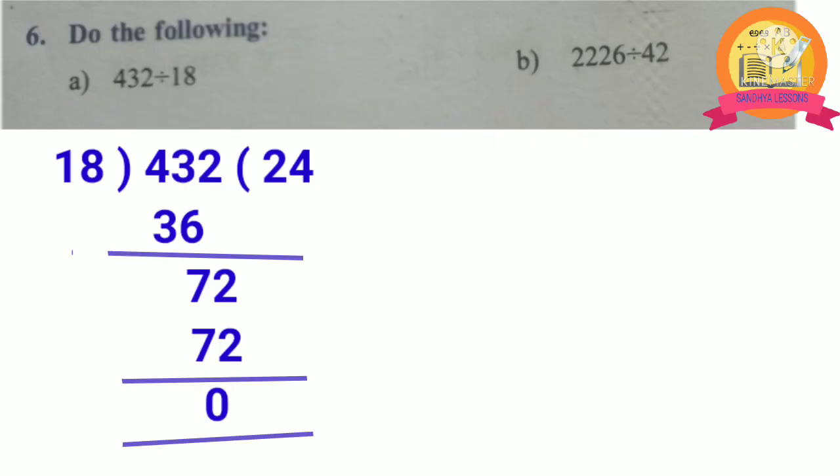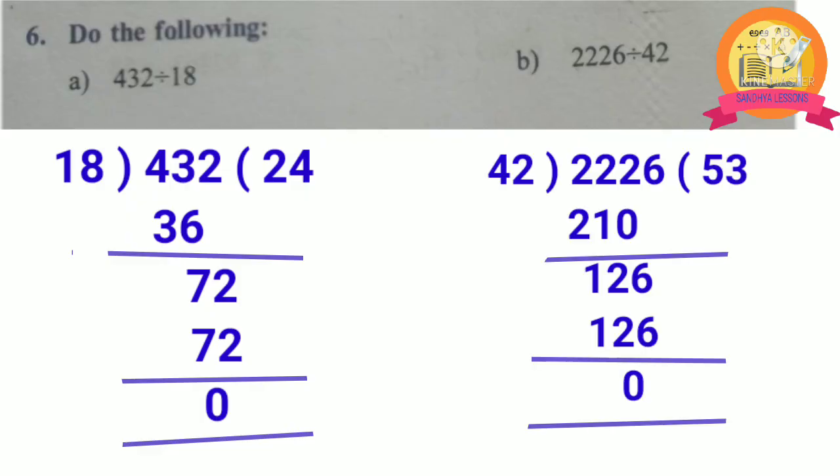After dividing 432 by 18, we get 24 as quotient and 0 as remainder. Second problem, 2226 divided by 42. After dividing 2226 by 42, we get 53 as quotient and 0 as remainder.